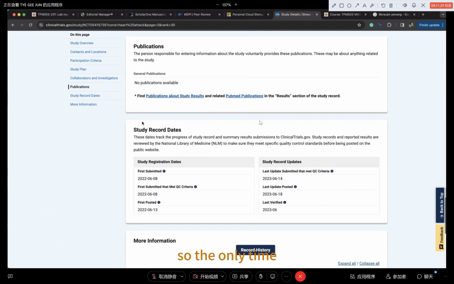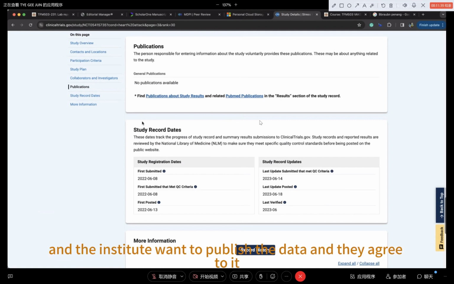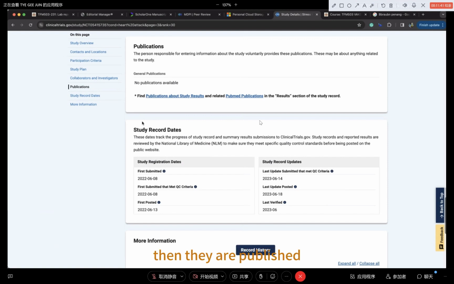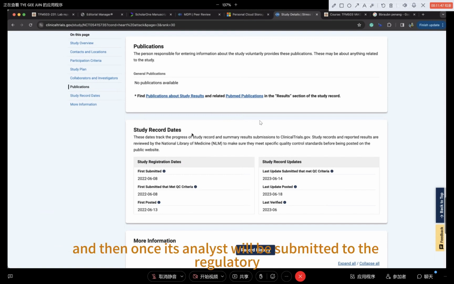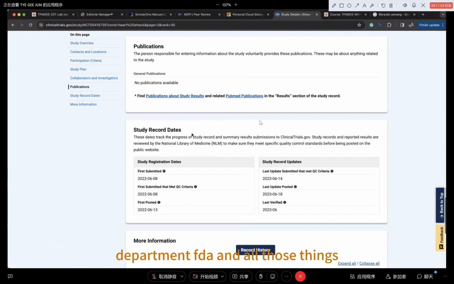The only time they will put in the publication is when, for example, it is done in a certain institute, and the institute wants to publish the data and they agree to it, then they'll publish. But normally pharma companies don't want to publish it. They just put all the data inside here, and then it will be submitted to the regulatory department, FDA and all those things, and only then will they proceed.